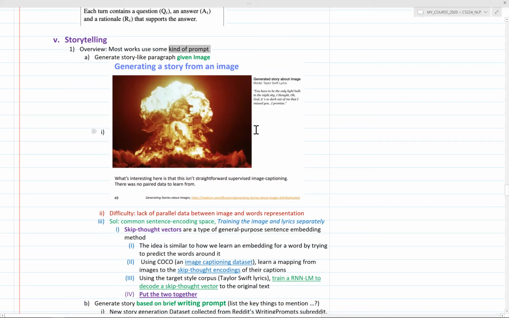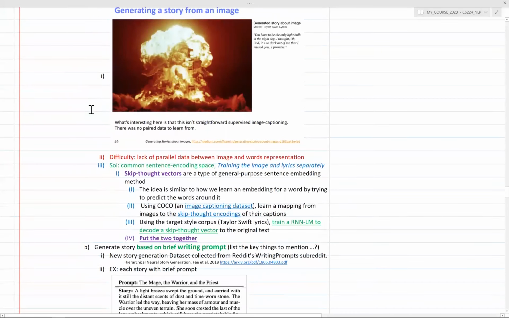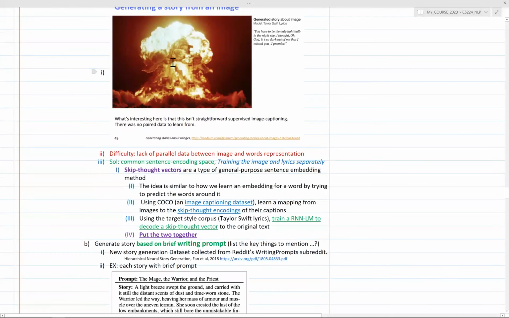For the image case, we used Taylor Swift lyrics as a training corpus. The model goes through the picture and the language modeling separately, and finally generates an explanation of the picture in the style of Taylor Swift songs.